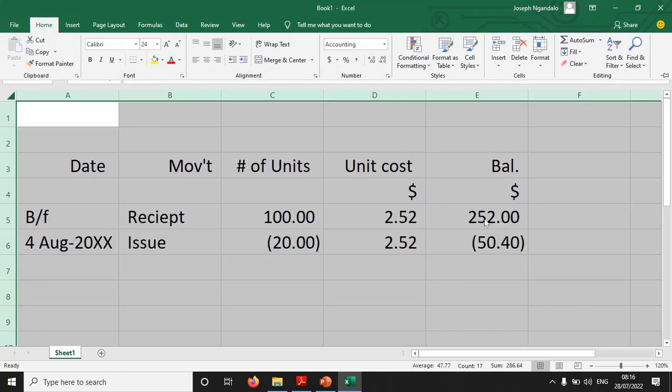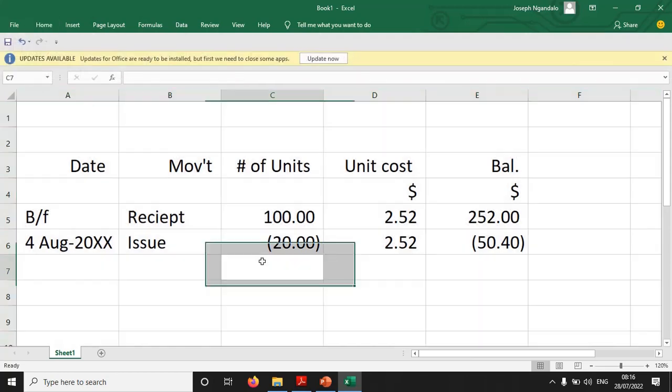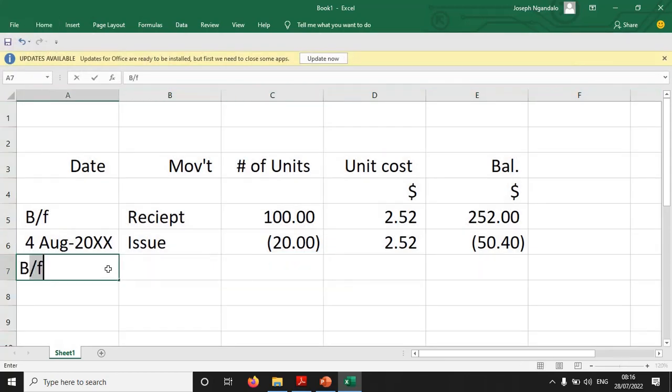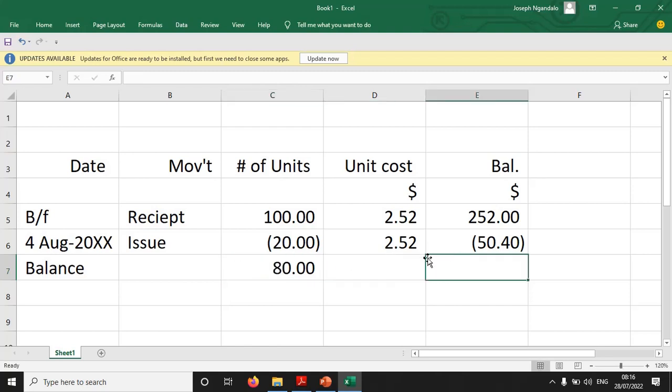I think I'm okay with 2 decimal places. So let's find the balance. Every time there's an issue, we find the balance down here also. How much is the difference there? 80. Agree? And what is the pricing for this 80? Simple. The same number, right? Yes.